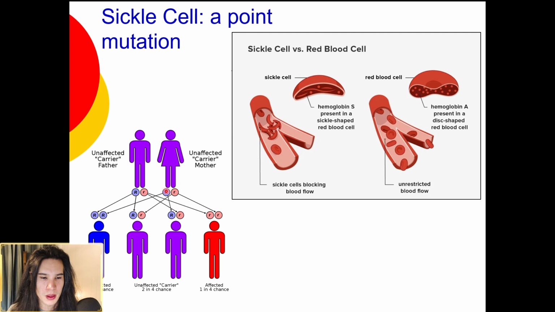And so when you do their Punnett square, you have a 25% chance of making a child who is completely unaffected and a non-carrier. You have a 50% chance of creating a carrier child, and then you have a 25% chance of creating someone that is completely affected by sickle cell anemia.